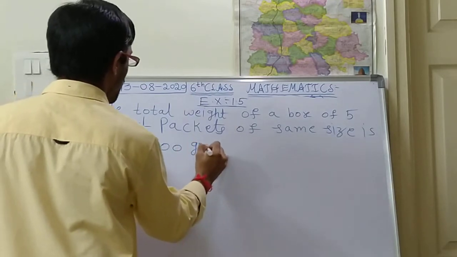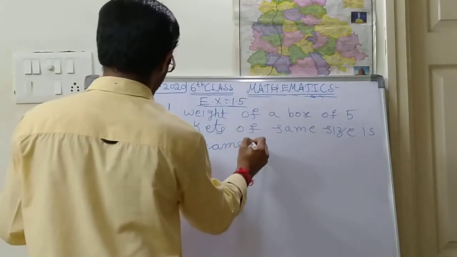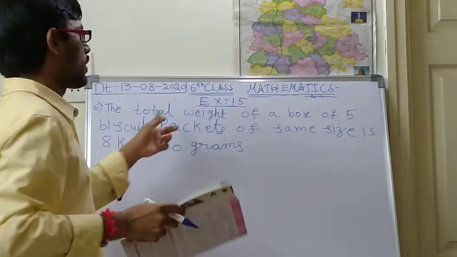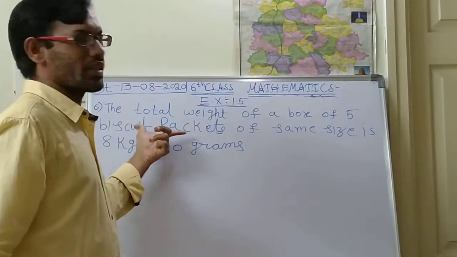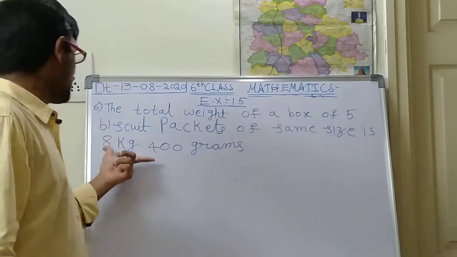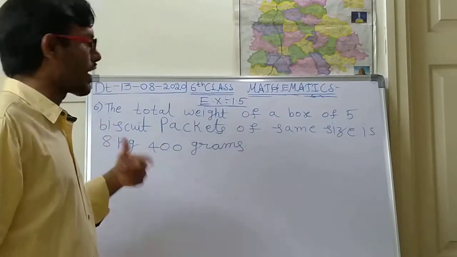So the total weight of a box of 5 biscuit packets of the same size is 8 kg 400 grams.